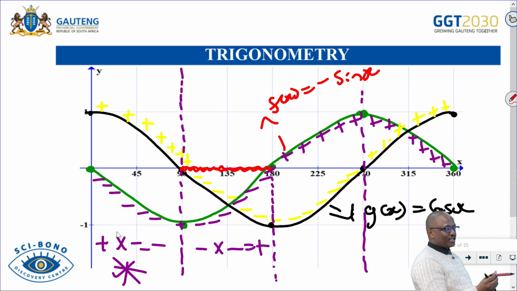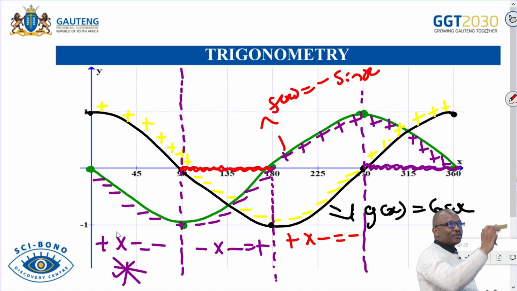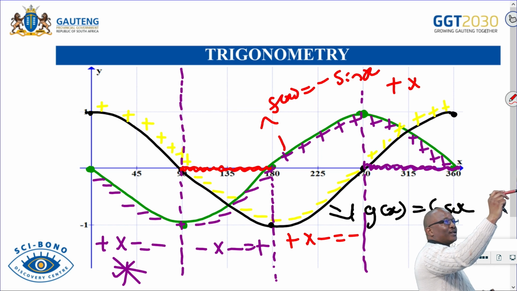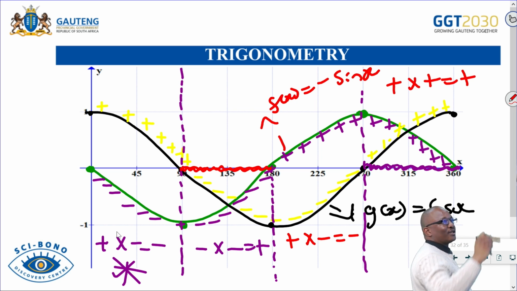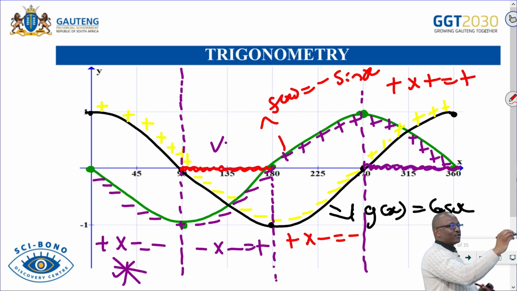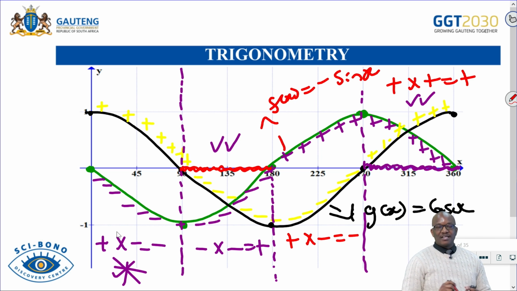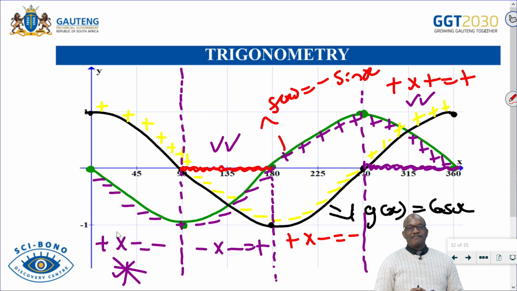Here it's positive multiplied by negative, which is negative. And the last interval is the one that we are looking for as well, because that's where you have positive multiplied by positive, which gives positive. So the intervals that we are looking for are from 90 to 180 and 270 to 360. They are the two intervals that answer our question.